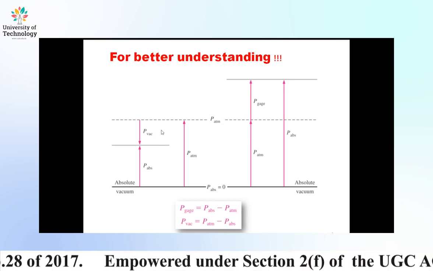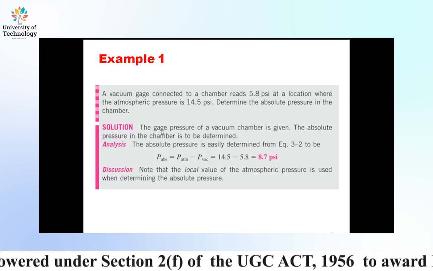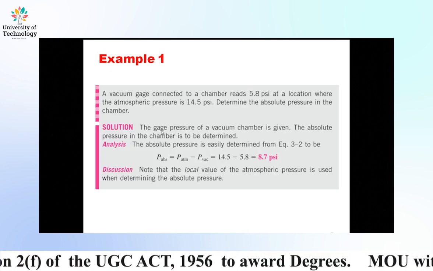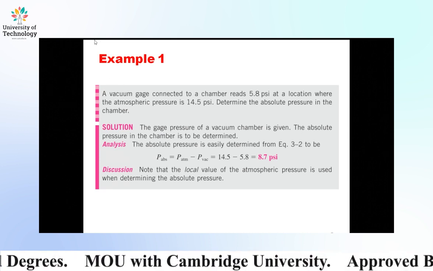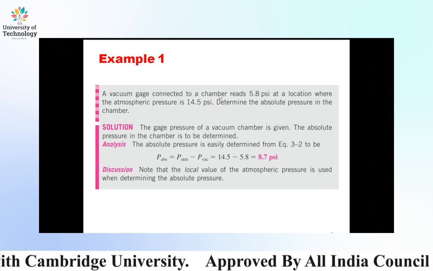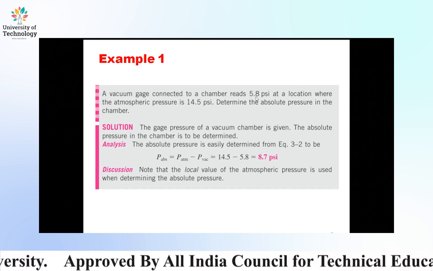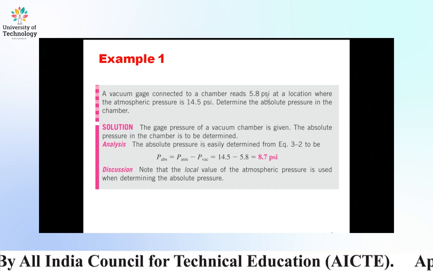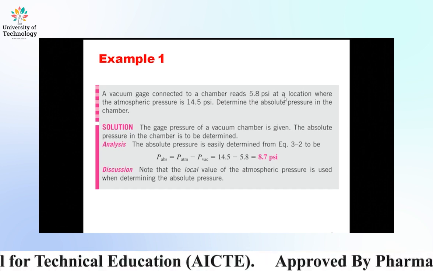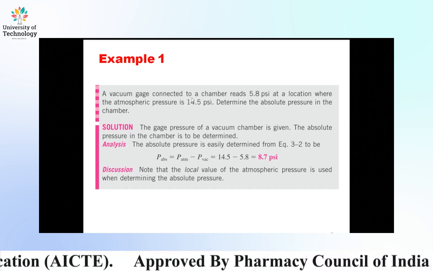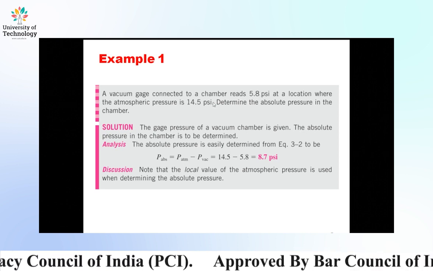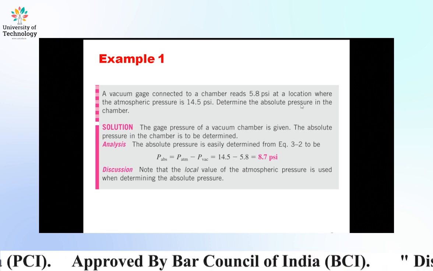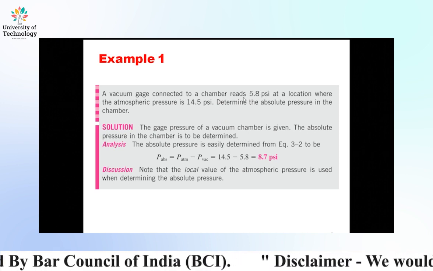Now we can understand this by this simple example. Look at this question. A vacuum gauge connected to a chamber reads 5.8 psi, where psi means pound force per square inch, at a location where the atmospheric pressure is 14.5 psi. So the given pressure is less than atmospheric pressure. Determine the absolute pressure in the chamber. Given pressure is less than atmospheric pressure, so it is a vacuum pressure.